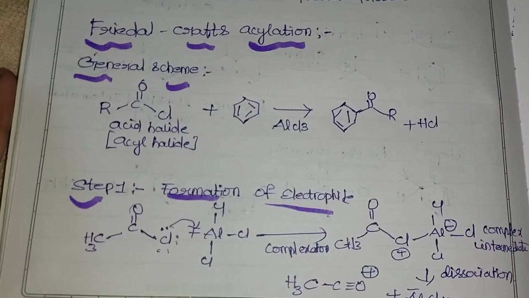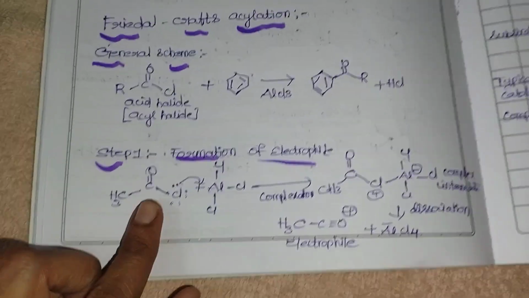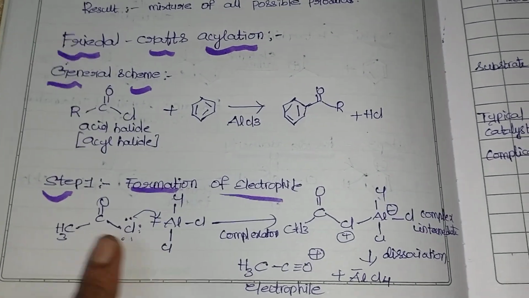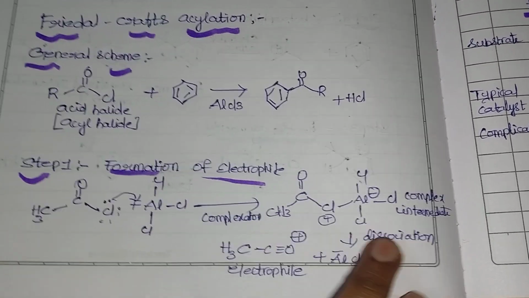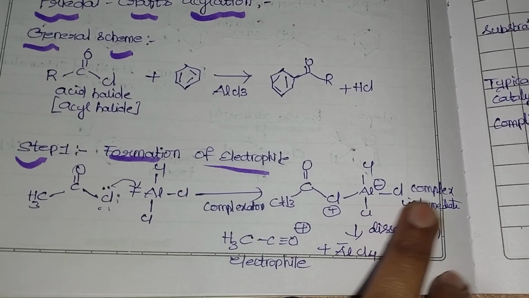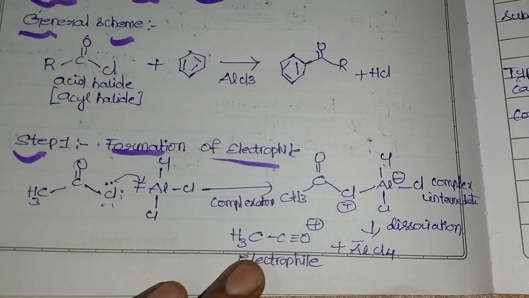As usual, the formation of the electrophile is the first step. The acyl halide reacts with the catalyst AlCl3 to form a complex intermediate. After that, the leaving group dissociates to form the electrophile.